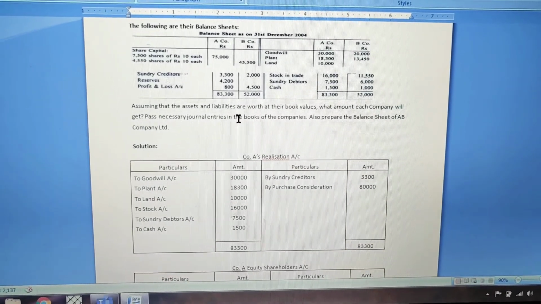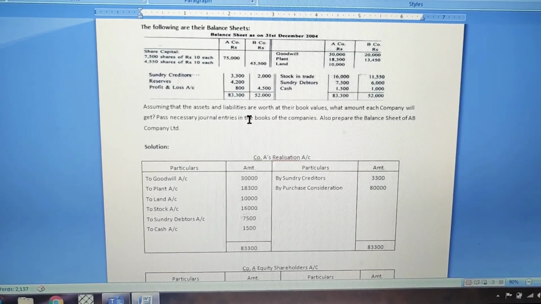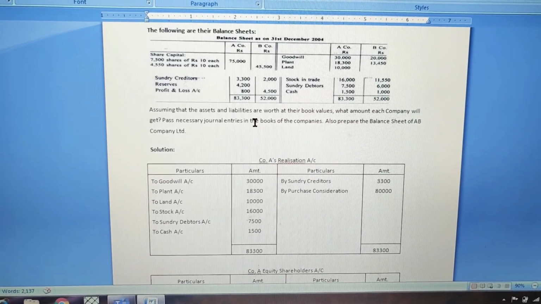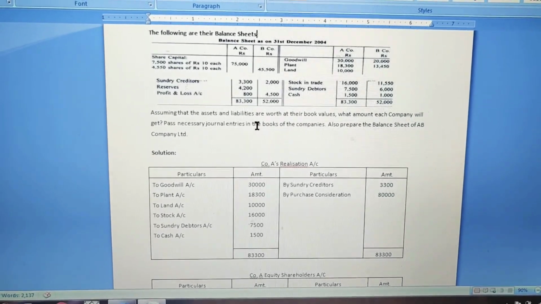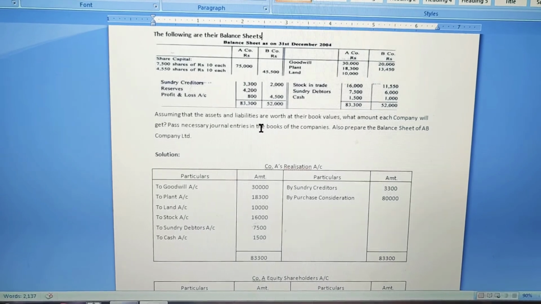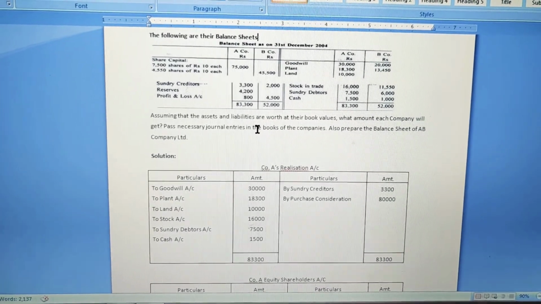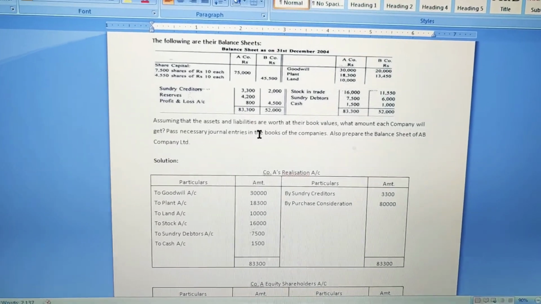So their account will be credited. So 30,000 goodwill: when you are decreasing the assets, you have to credit it. So what entry will you pass? Realization account to goodwill account. You are crediting your assets now, so goodwill you have to credit.